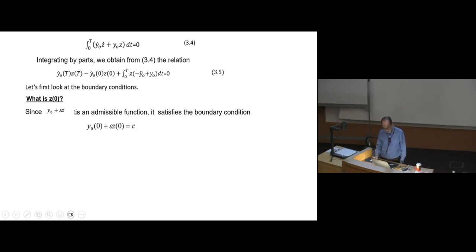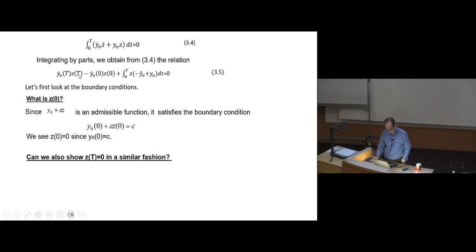Which means y naught plus epsilon z should satisfy the initial condition. We know the initial condition is that y naught at 0 is c, right? So what is the condition on z at 0? It should be 0. It has to be 0. Okay?